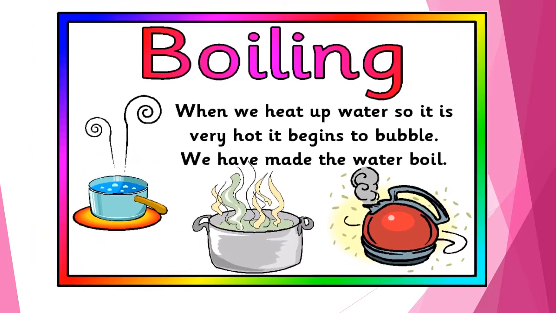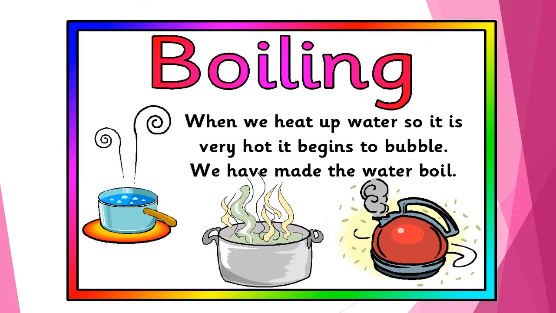The next step in changing of materials is boiling. When we heat up water so it is very hot, it begins to bubble. We have made the water boil. We use boiling water when we cook, like soup, noodles, or drinking hot tea.